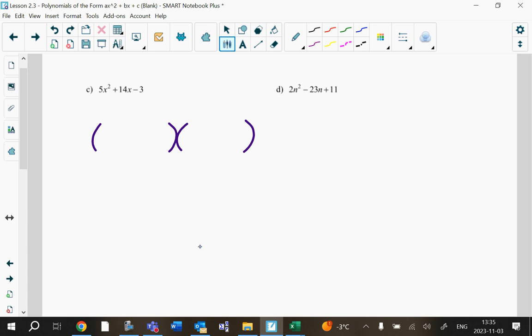I always prefer the bigger number here and then the smaller one here. You could do x and 5x, but I just do 5x and x. Two numbers that multiply to get -3. +3, -1. Okay, I know that works.